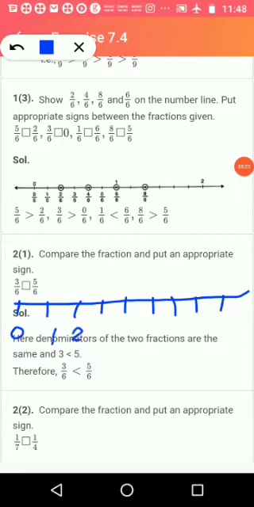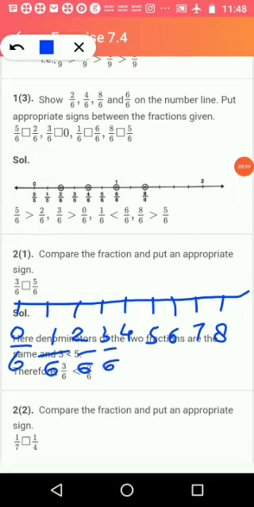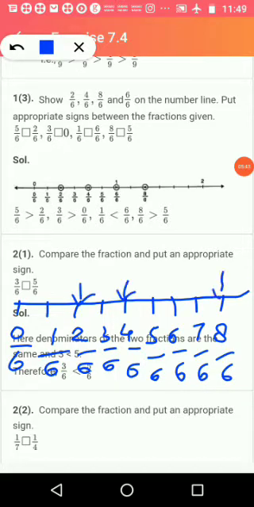So take 1 centimeter each to draw the points and divide by 6 the numerator that is given to you. So now here is 2 by 6, 4 by 6, 8 by 6 and 6 by 6. Okay, so these are the points on the number line.